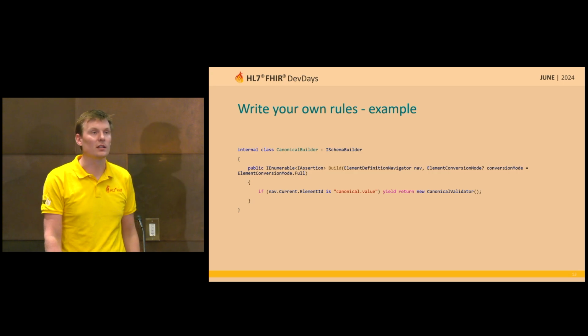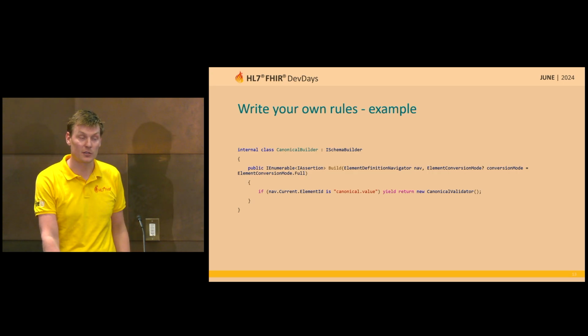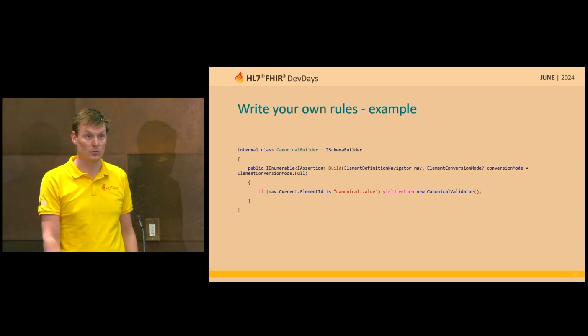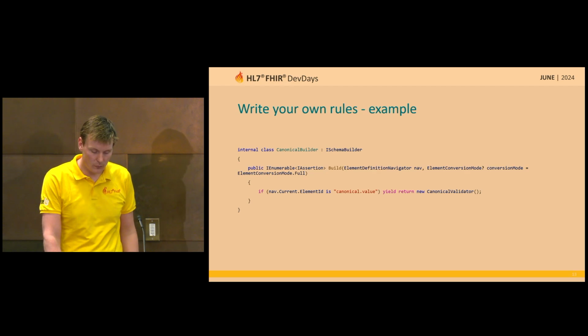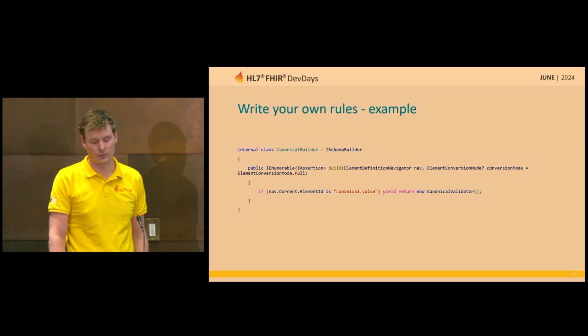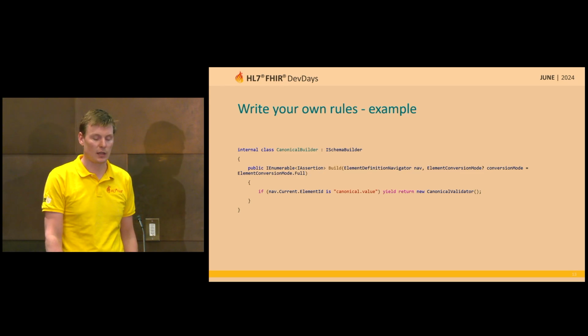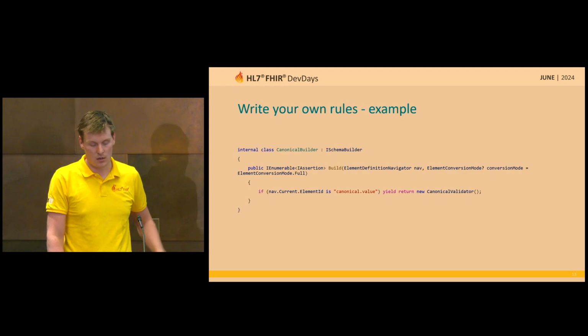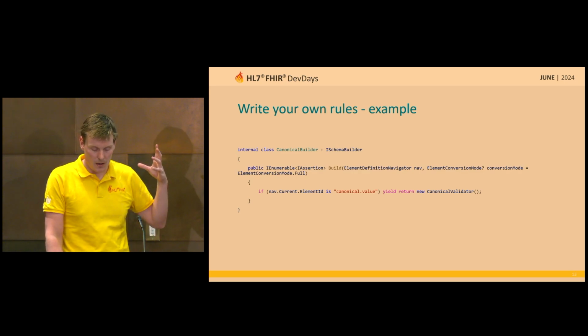This is an example, and this is also an example of how you can write your own code blocks and add them to the schema. This is called the canonical builder. So you first need an implementation of something called ISchemaBuilder to put it in the element schema.